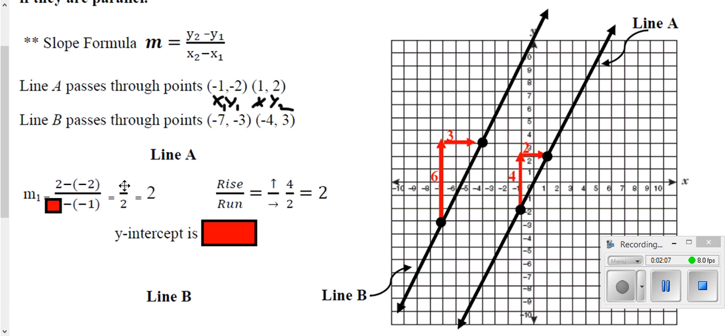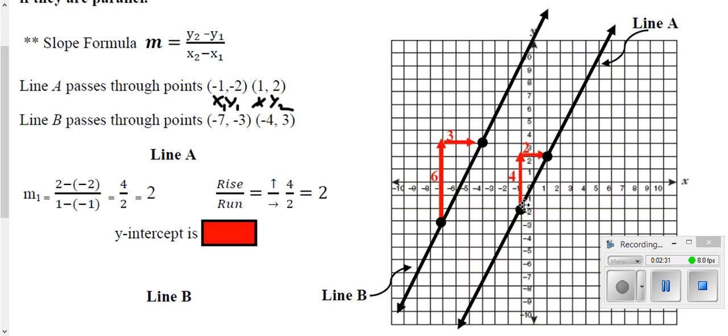And 2 minus -2 is 4 on top. Then on the bottom, you have x2, which is 1, minus x1, which is -1, and 1 minus -1 is 2. And then 4 divided by 2 is 2. So that's using the slope formula. We can see that the slope of line A is 2.